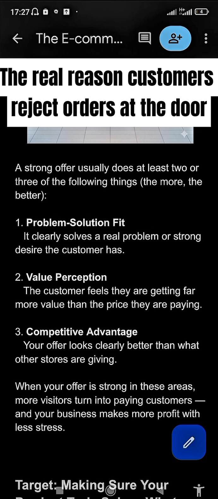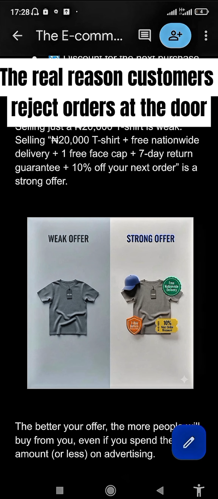The value perception is basically making them feel like they are getting a better deal, even if what you're selling is more expensive. If you sell this weak product for 20k, you might actually make less, even if you sell this strong offer for 30k.